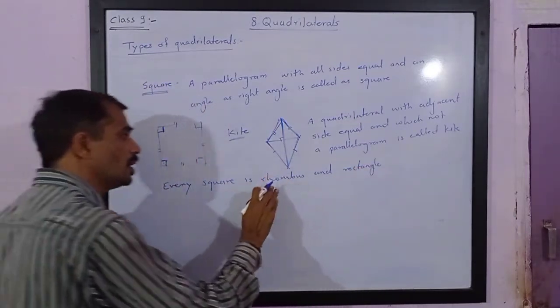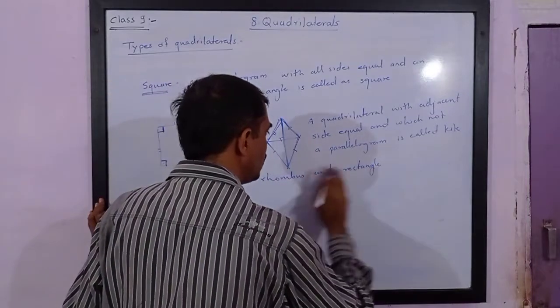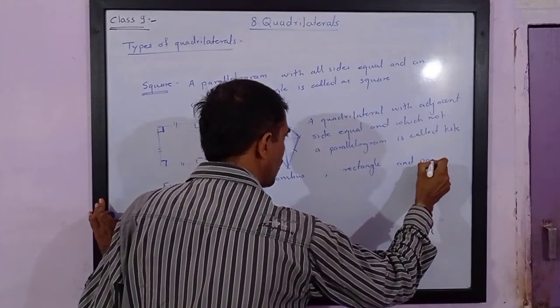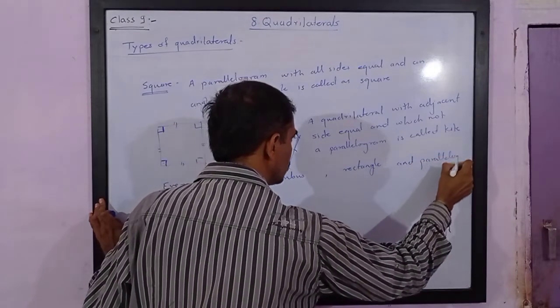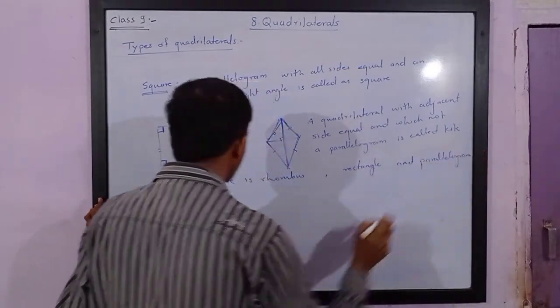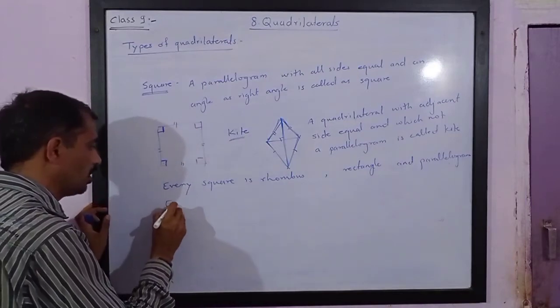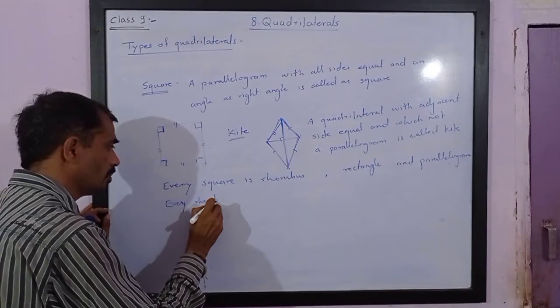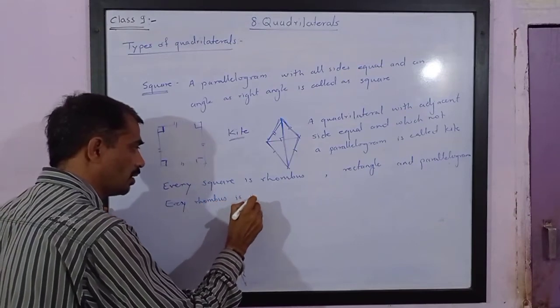Every square is rhombus, rectangle and parallelogram. Then every rhombus is a parallelogram.